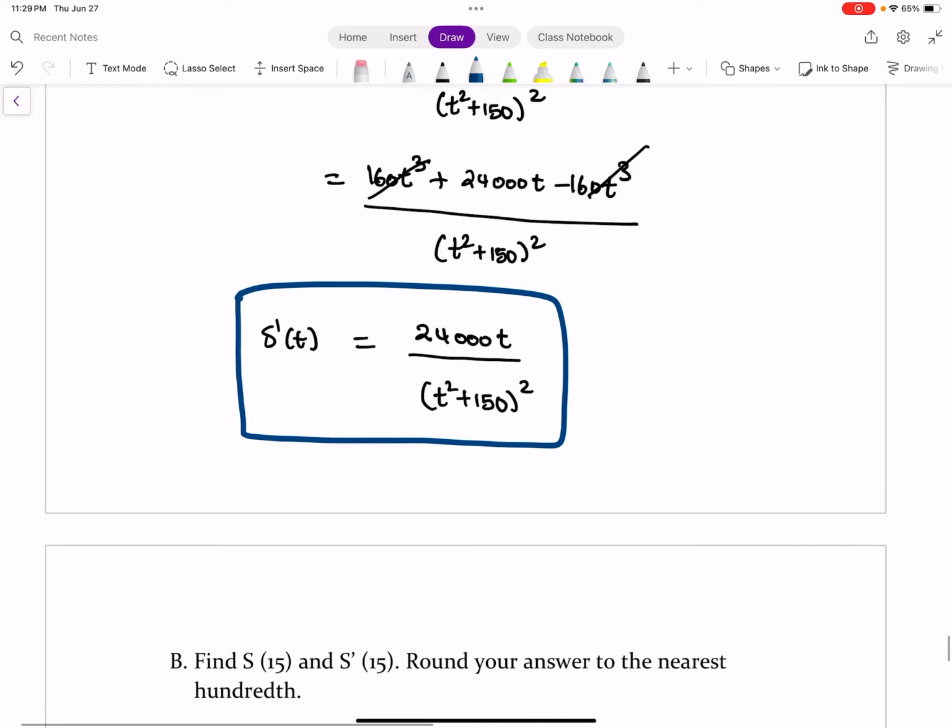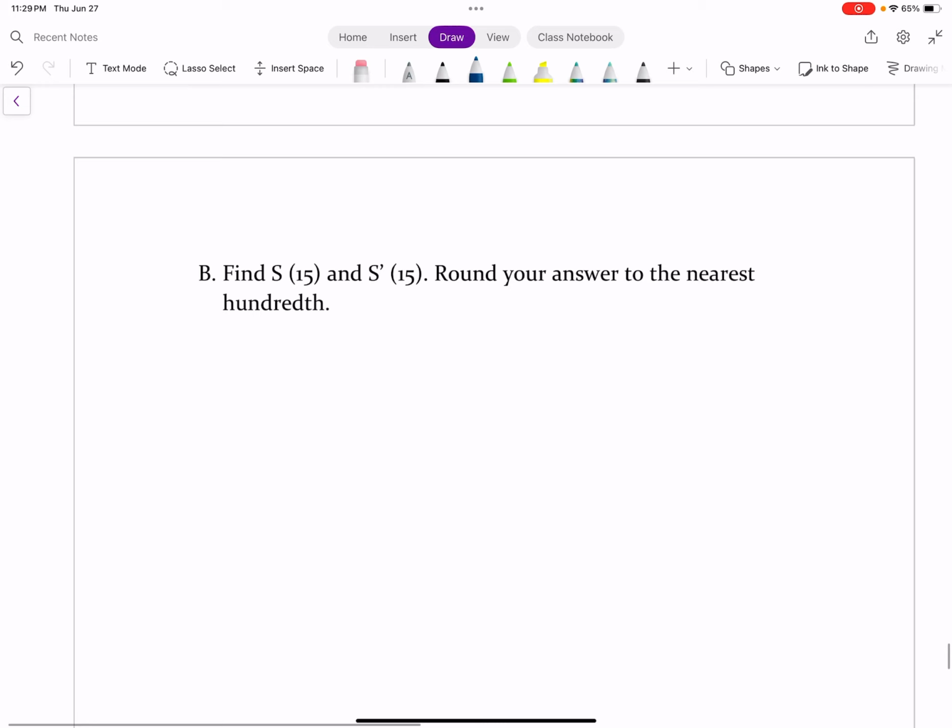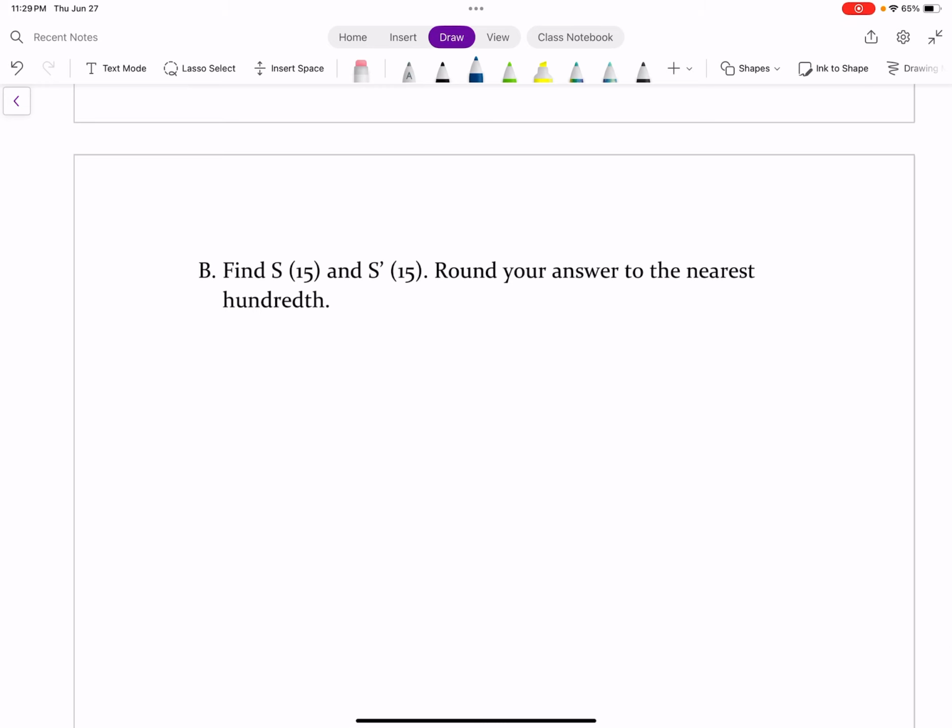Now the second question is: find the sale after 15 months and its derivative. Does the sale increase or decrease? Let us answer. Now S at 15, we have to substitute into the original, which is 18 times 15 the whole square divided by 15 squared plus 150.